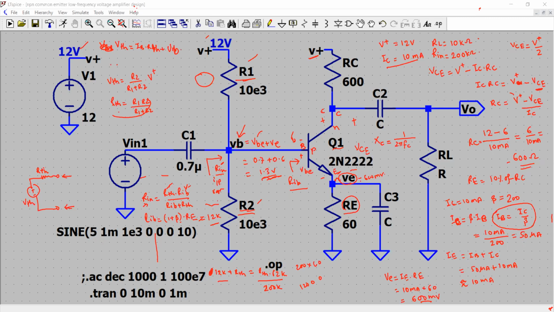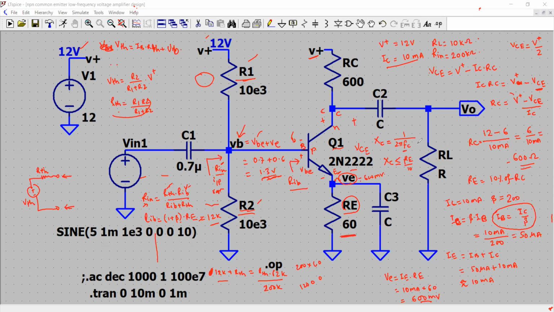For the bypass capacitor, the reactance should be less than or equal to the value of RE divided by 10. The value of RE is 60, divided by 10 is 6. So XC should be 6. For a given frequency, you can get the value of that capacitor.